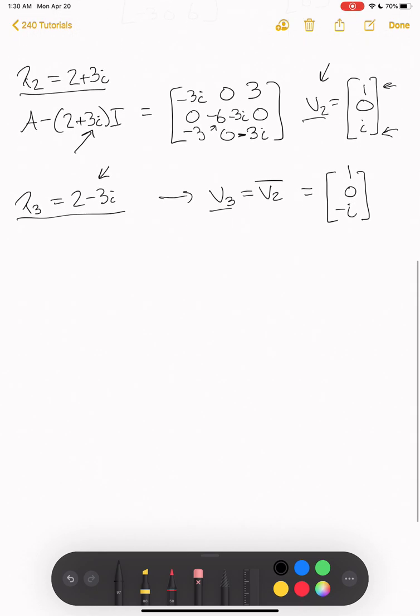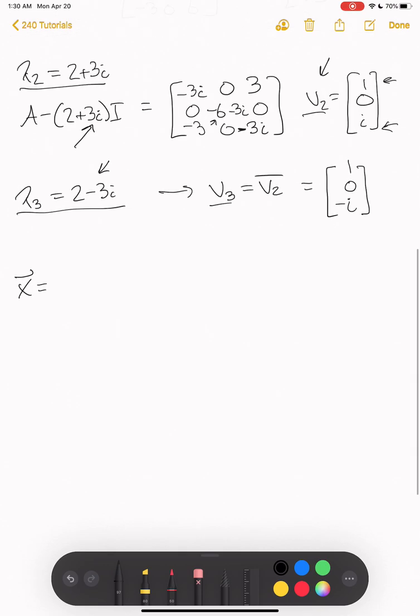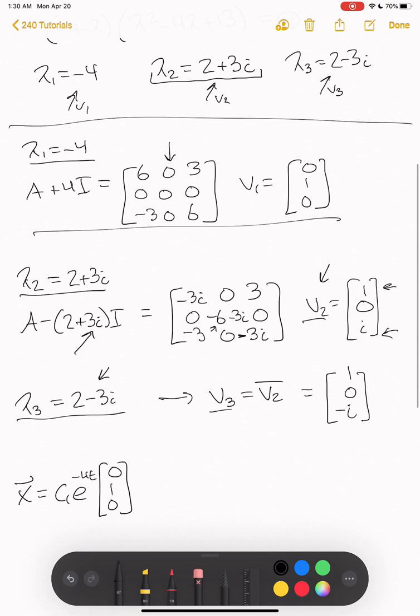So it's technically correct to write our whole solution. We found everything we need, right? We have 3 eigenvalue-eigenvector pairs, so we can stick them all together. We have C1 e^(-4t) times (0, 1, 0), which was my first pair from up here.